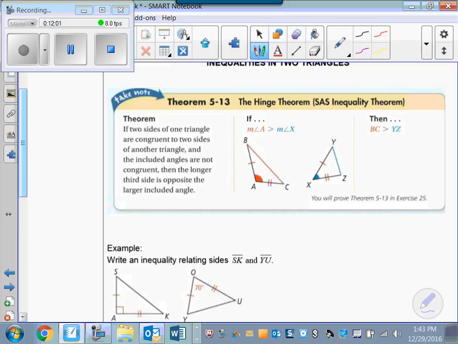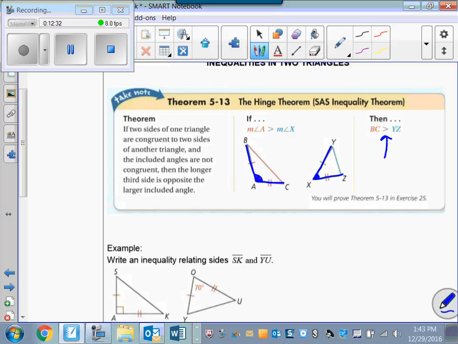All right, so what we got here is BA is congruent to XY. AC is congruent to XZ, but the measure of angle A is greater than the measure of angle X. Therefore, I know that the length of BC is greater than the length of XY. That's all the Hinge theorem is saying.